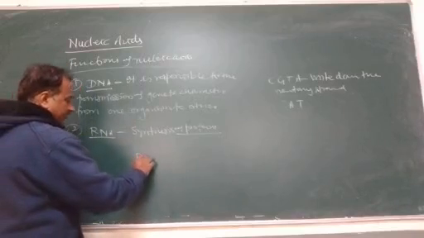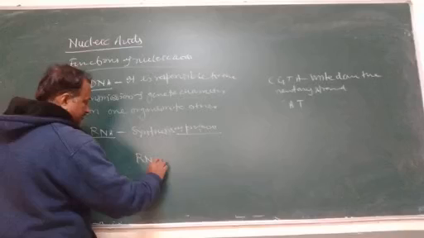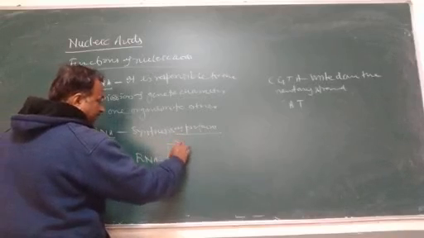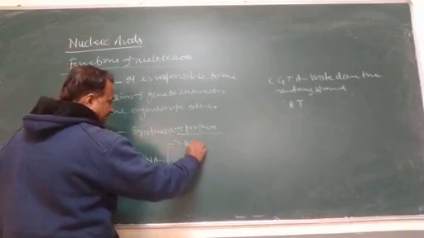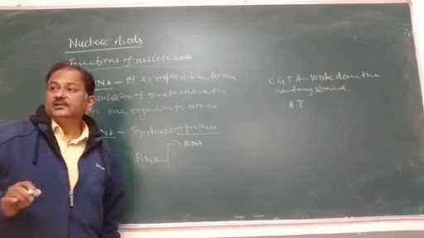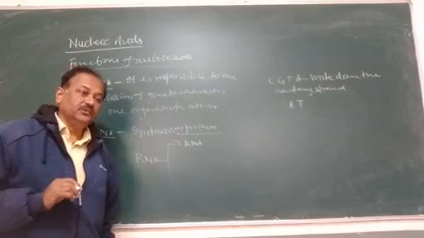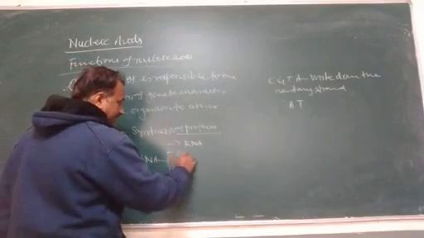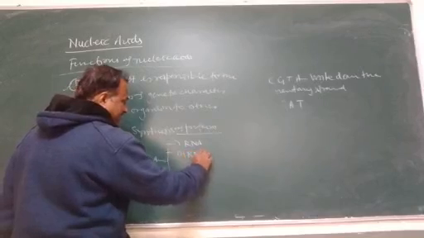RNA is of different types. First is rRNA. R stands for ribosomal. It is responsible for the constitution of the body of the ribosomes. Then mRNA, messenger RNA.